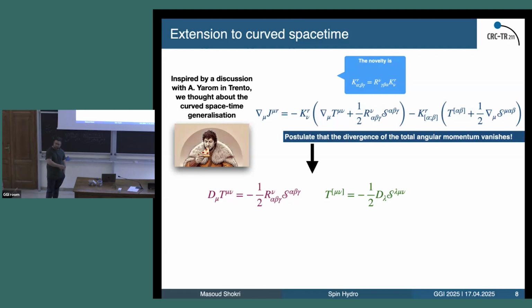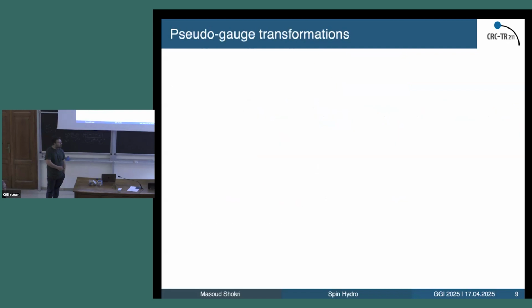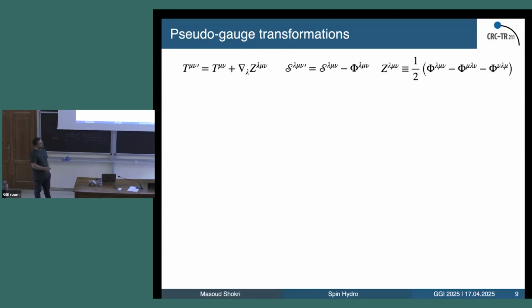Yeah, let me show it. Yeah, exactly what I want to show now. Okay, so there is the pseudo-gauge transformation, of course, which transforms both the energy momentum tensor and the spin tensor.